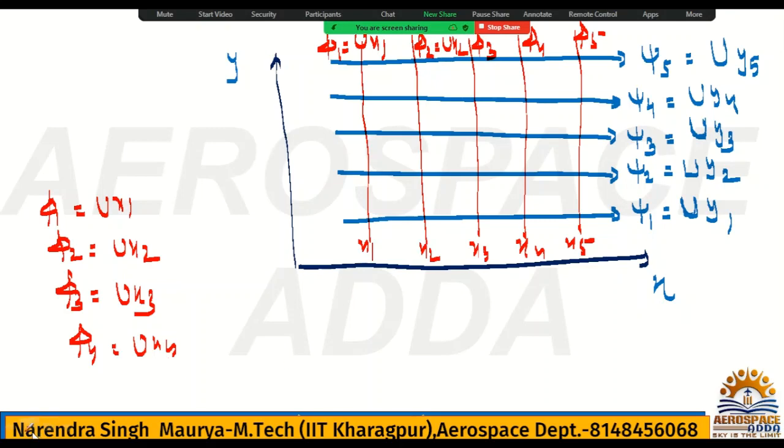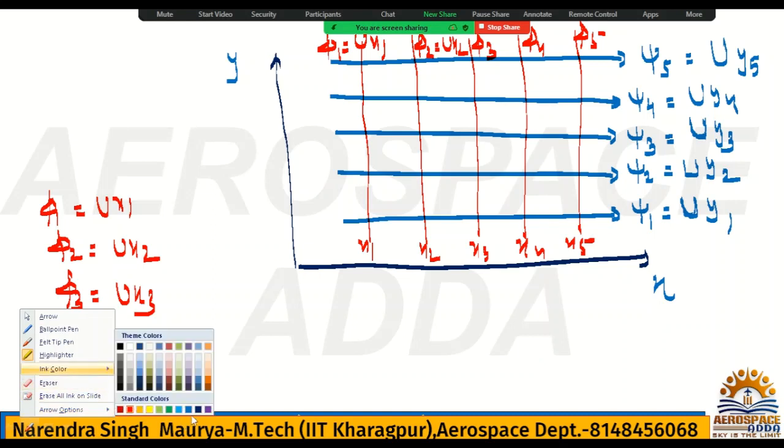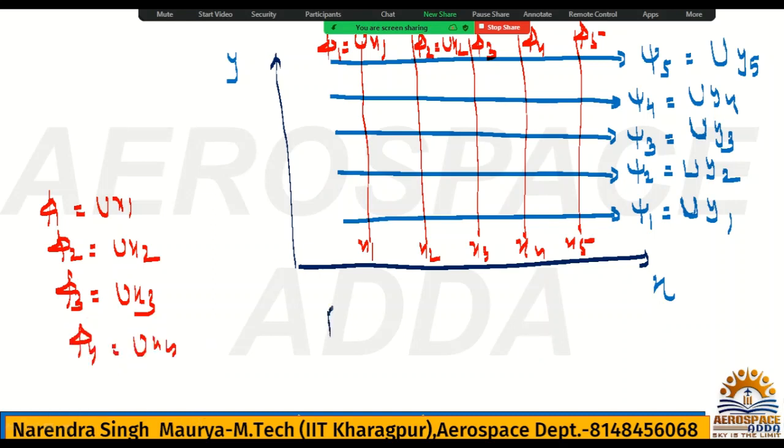So basically this is the pattern when the flow is parallel to the x-axis.